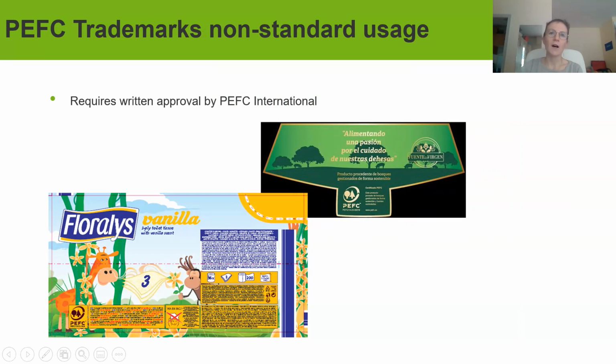Most requests are related to the change of color, the omission of the PFC license number, or the respect of the minimum size. And depending on the request, it will go to PFC International or the PFC member. To request an approval, organizations can use the PFC label generator. It was made for this as well.